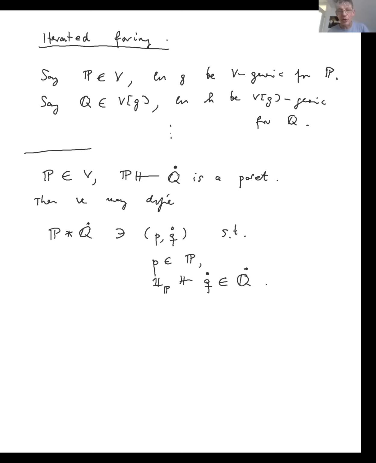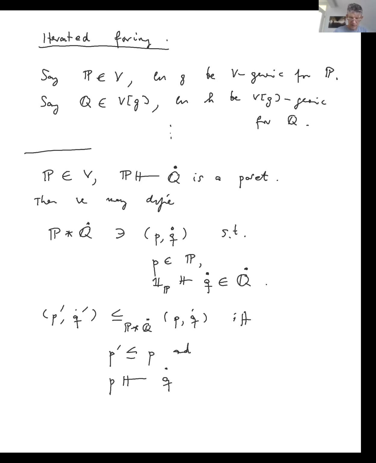Okay, what's the order? That's very natural. You say that (p', q dot') is stronger in that poset than (p, q dot) if and only if, component-wise, so what does that mean? So p' is stronger than p, and p forces that q dot' is stronger than q dot.